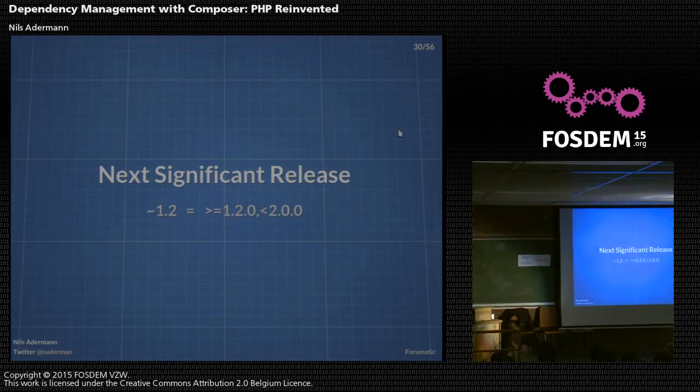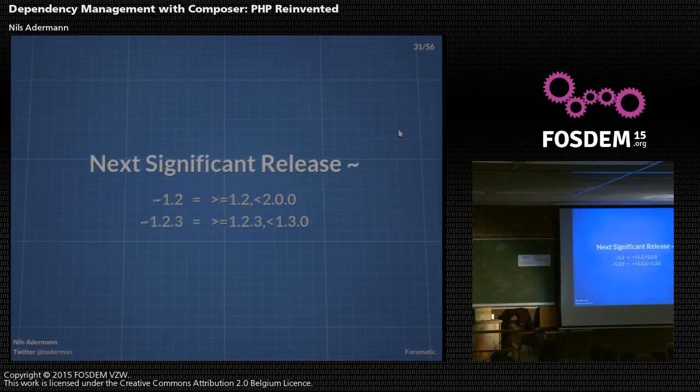So if you're trying to describe a version constraint related to the semantic versions earlier on, so let's say I want to be compatible with all versions up until the next one breaking the API, then you can use one of these operators to say that you'll be compatible with any new features, but you won't be compatible with any breaking changes.